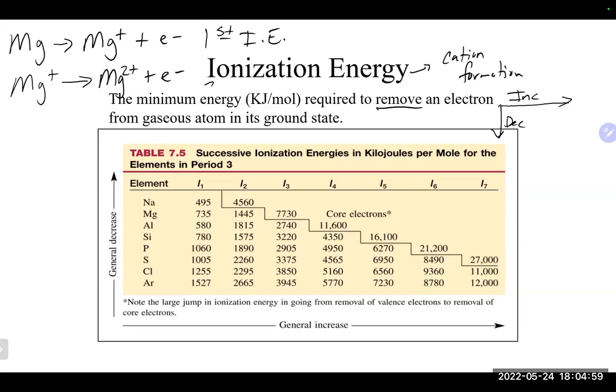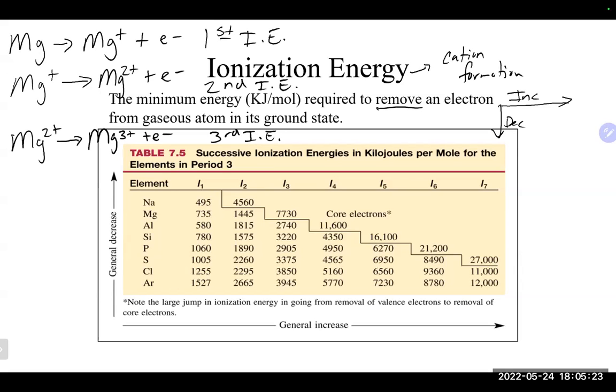And that would be what is known as the second ionization energy, the energy required to remove the second electron. And then this guy here would ditch perhaps another electron and become positively 3 charged. That would be the third ionization energy, and so forth, if you continue down that pattern.